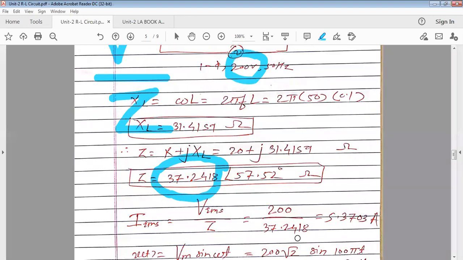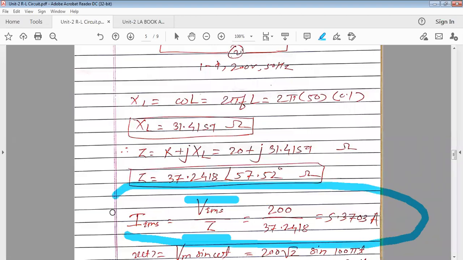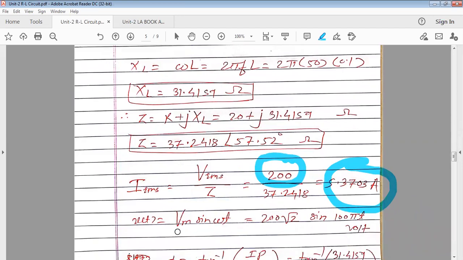Just now we have seen V by I is equal to Z. So here total voltage 200, total impedance magnitude you know, you can calculate the total current. Any difficulty to calculate the total current? Total voltage we have used as an RMS value, so whatever current you get will also be RMS.